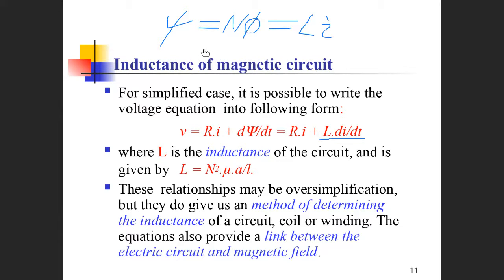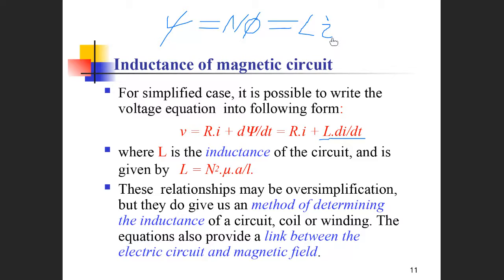So the total flux linked to the coil originally is the number of turns of the coil times the flux inside the coil. And the flux that is actually produced by the current in the coil can further be linked to the current with a constant L. Based on these definitions, one can find out, for a given coil with a current I, how much flux linkage is produced. So L is the flux linkage produced by 1 ampere on a given coil.